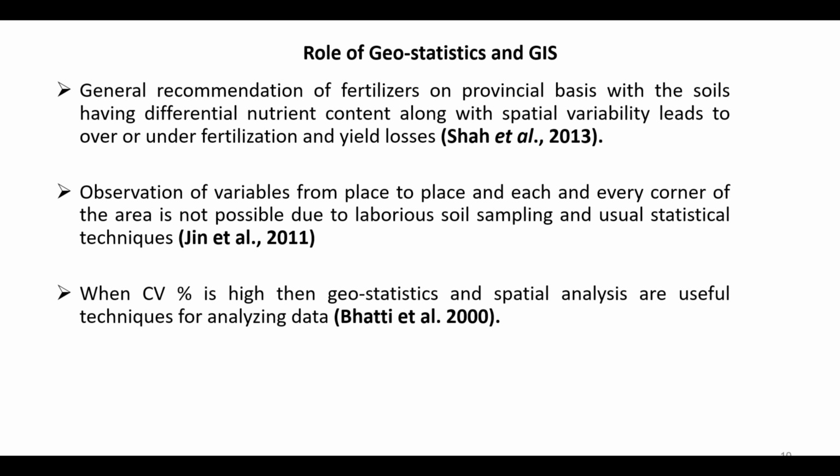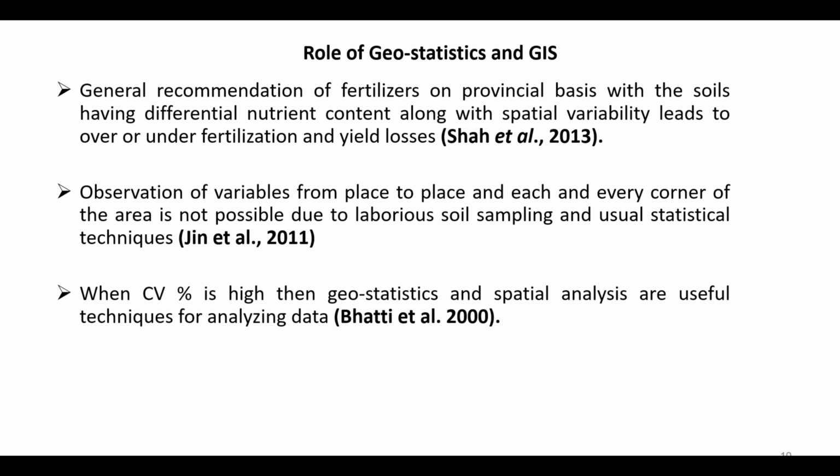For example, if we compare the nutrient status of the soils of Murree region with the deserts of Thal and Dera Ghazi Khan, then the soils of Murree are fertile and have higher organic matter content and nutrient status as compared to deserts.